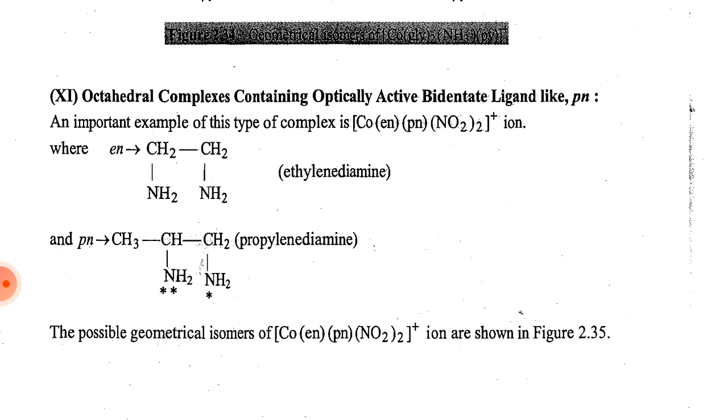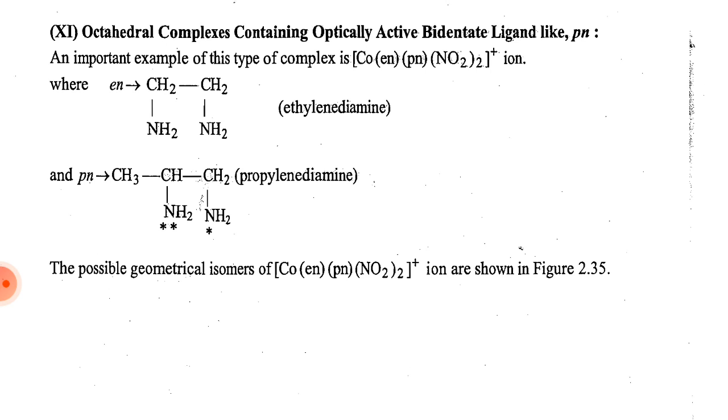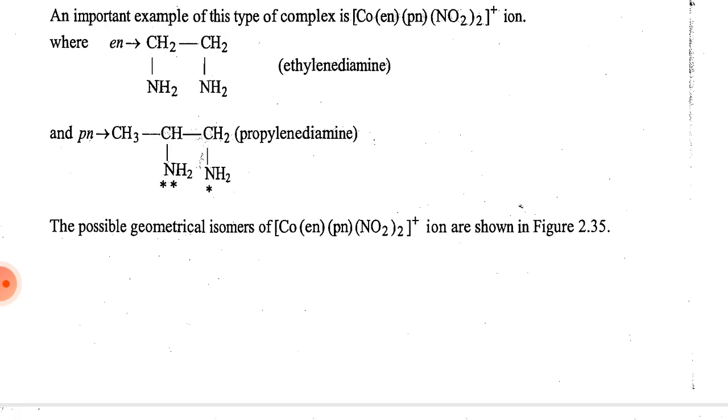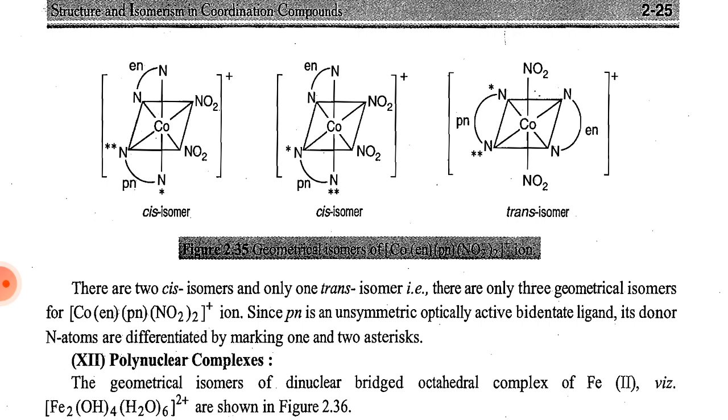So this is an optically active bidentate ligand, and it shows octahedral geometry. The possible geometric isomers of [Co(en)(pn)(NO2)2] plus, with ethylenediamine and propylenediamine: cis form, nitrogen, nitrogen, with NO2, NO2 adjacent to each other.